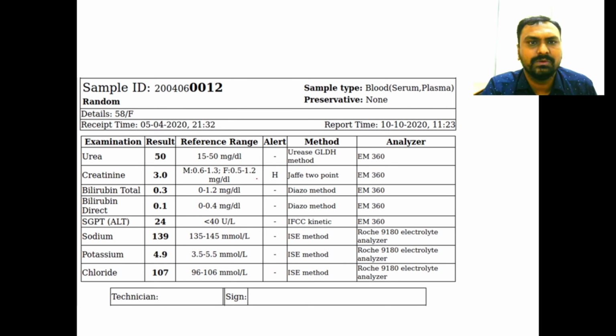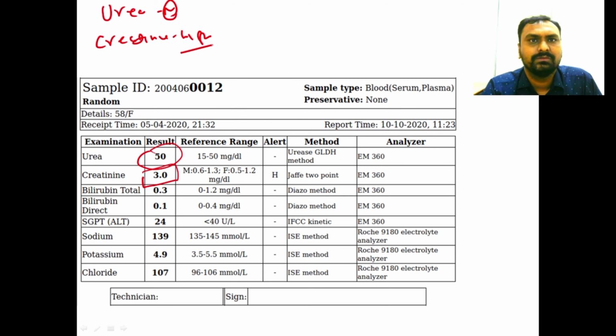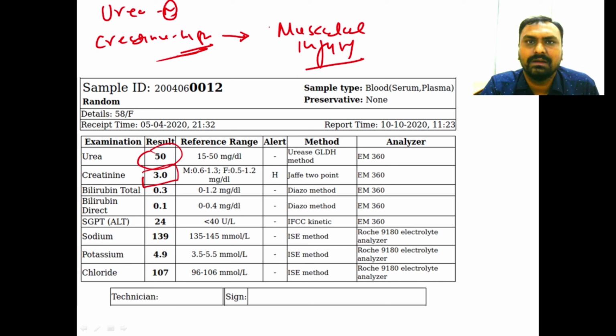Then here you can see urea is about normal, but creatinine is high. Creatinine, as we know, also increases in muscular injury. In early muscle damage, like muscular dystrophy or rhabdomyolysis, the creatinine level will be increased.